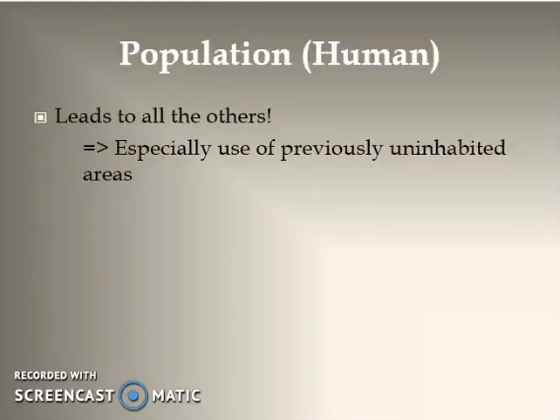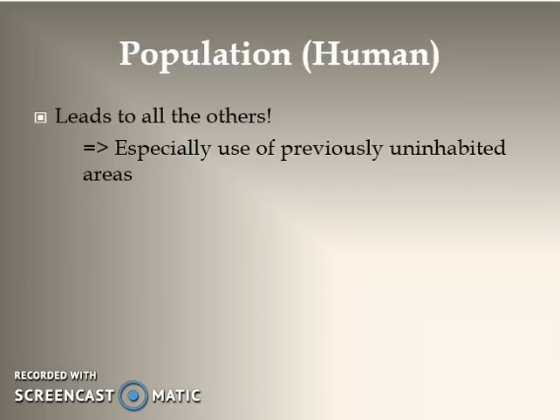Okay, human population. Some people in their HIPCO don't only have 1 P for pollution. I put 2 for human population because the fact is, an increase in our population leads to all these other things. If you have more people, you need more land for more houses, and more schools and more roads. If you have more people, they're more likely to introduce an invasive species.